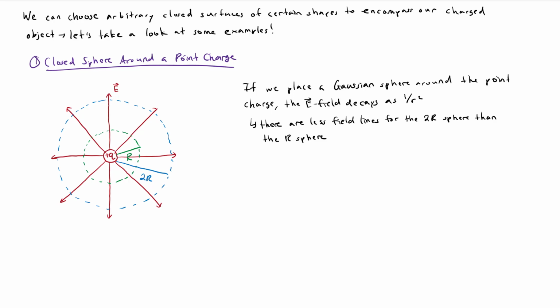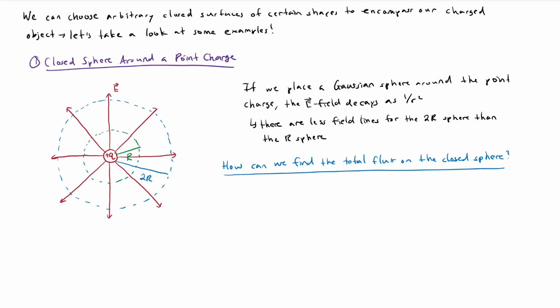So now, even though I've drawn this out, the next question is, how can we find the total flux on the closed sphere? I know that my point charge radiates electric field lines outwards.